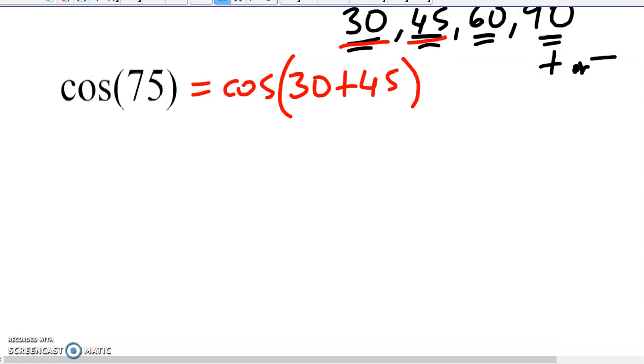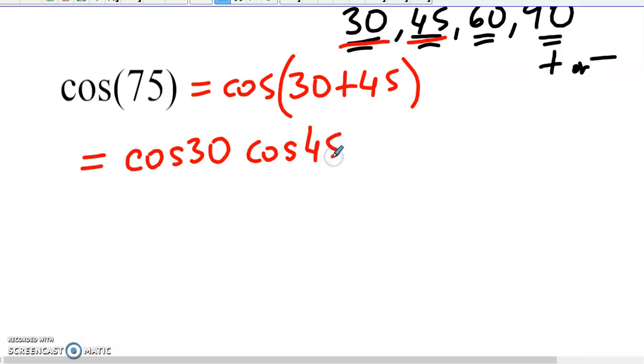Now we use the sum identity for cosine. And remember, cosine does not like to mingle, so it's cosine of 30 times cosine of 45 minus, remember the sign changes on the cosine one, minus sine of 30 and sine of 45.